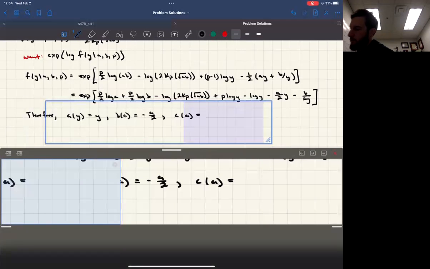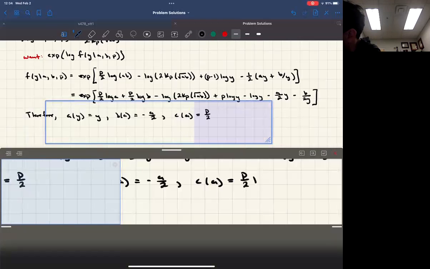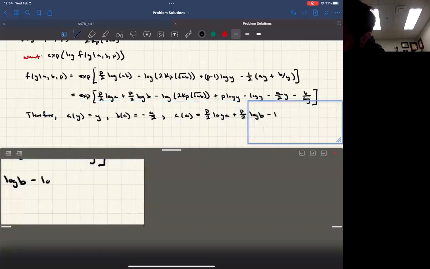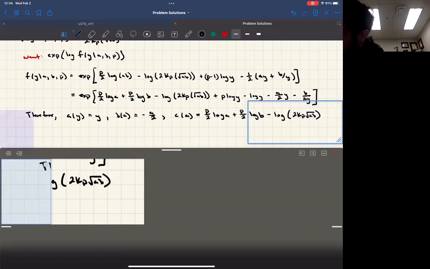So for example, c of A is P over 2 log A plus P over 2 log B minus log 2 K_P square root AB.